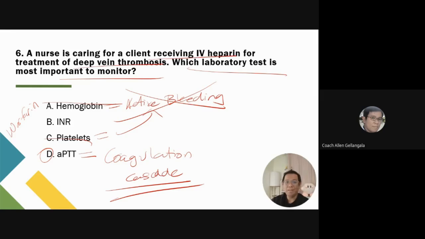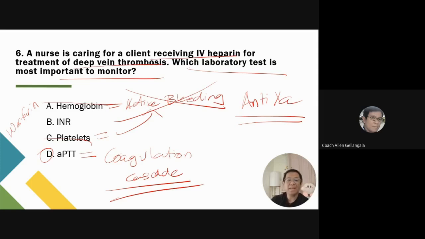Now, what is the other measurement? Here in the US, that is actually the gold standard. So apart from APTT, right now, we are measuring the anti-Xa, or the anti-10A factor. Why? Because your 10A is directly being affected by heparin. It is heparin specific.